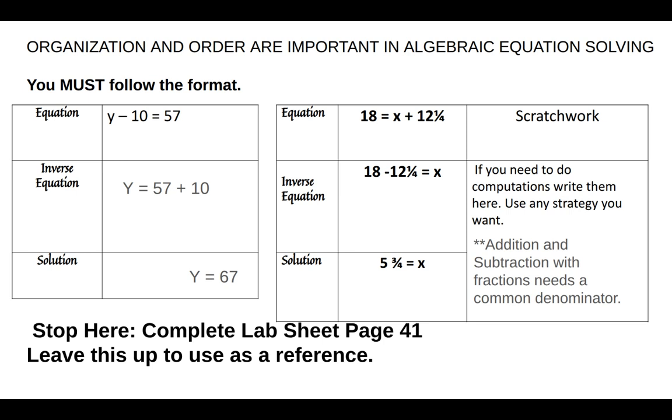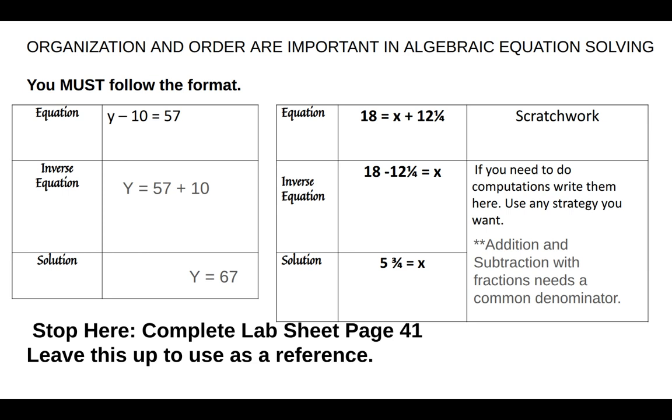If you look at the box on the right-hand side, I'm throwing in some fractions. So again, we're going to have the equation written. 18 equals x plus 12 1/4. My inverse operation is 18 minus 12 1/4 equals x. And then my solution is 5 3/4 equals x. There's going to be a spot for your scratch work.